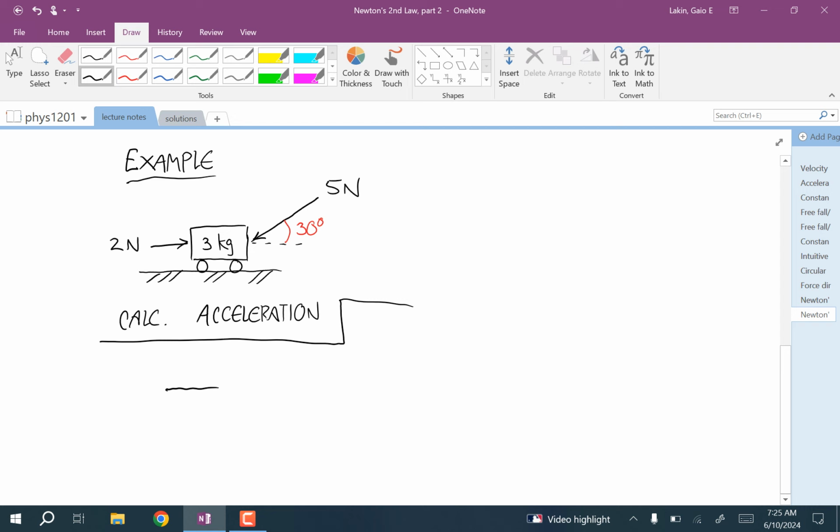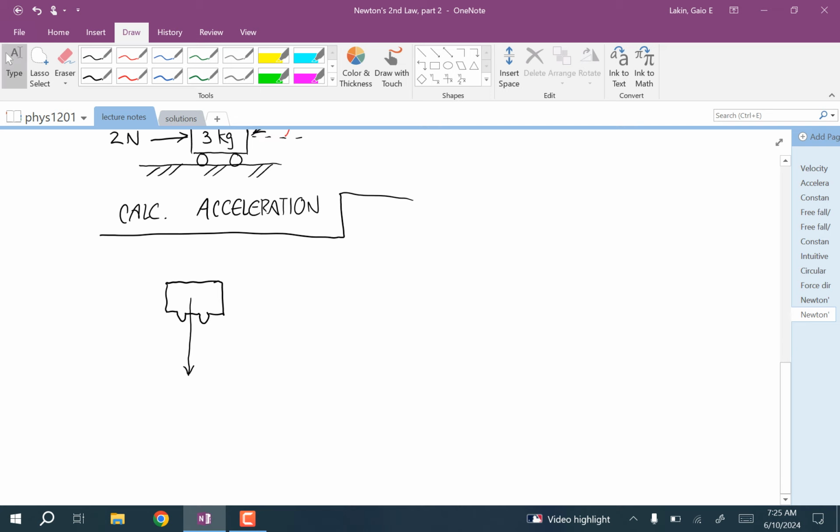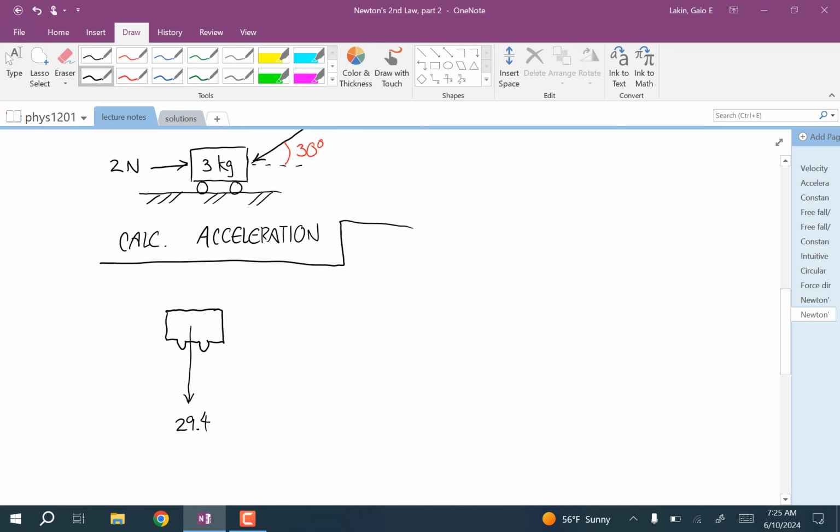Well, always with Newton's second law, you're going to start with a free body diagram. We have a weight force of 3 times 9.8, so that's 29.4 newtons down. And we have a pushing force from the surface, so that's the normal force.